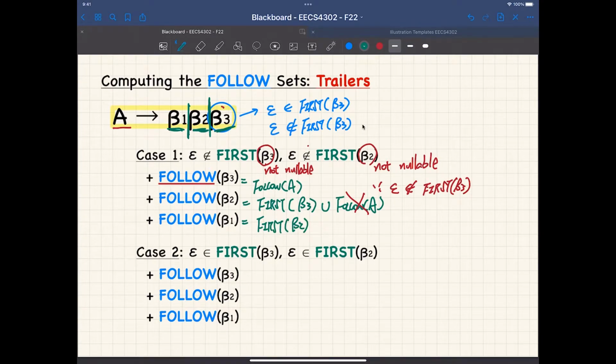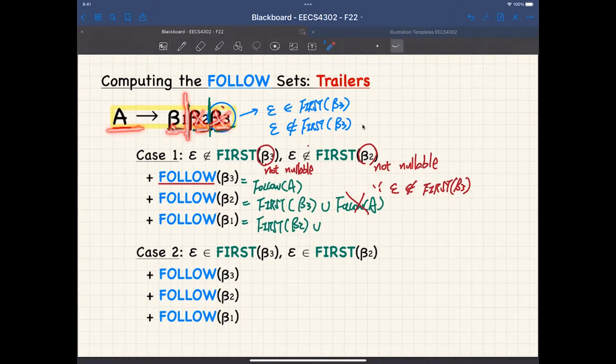And now the question is, in theory, let's say this. So we talk about the follow of beta 1. What can follow? If beta 2 is actually nullable, in that case, the first of beta 3 can also follow beta 1. Also, if beta 3 is also nullable, in that case, the follow of A can also follow beta 1.